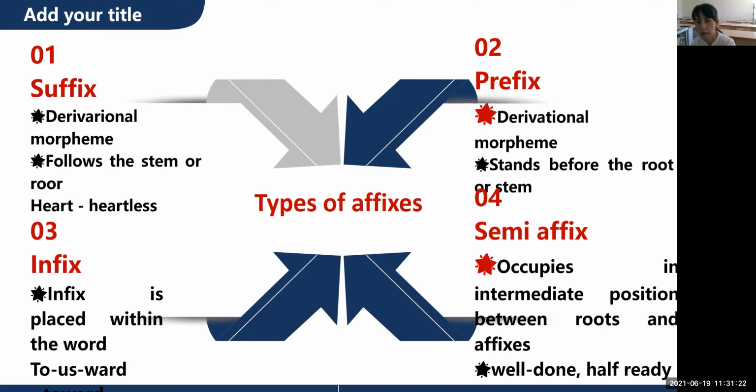Possible, impossible. All of them are prefixes. So the difference between the prefix and suffix: a prefix comes before the root, and is always derivational. A suffix follows after the root, and can be derivational and inflectional.